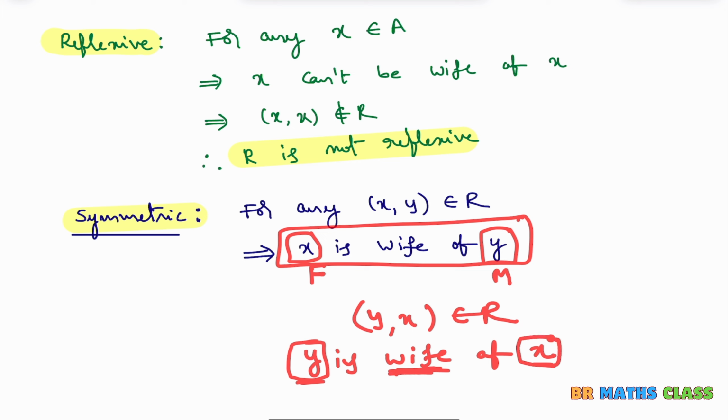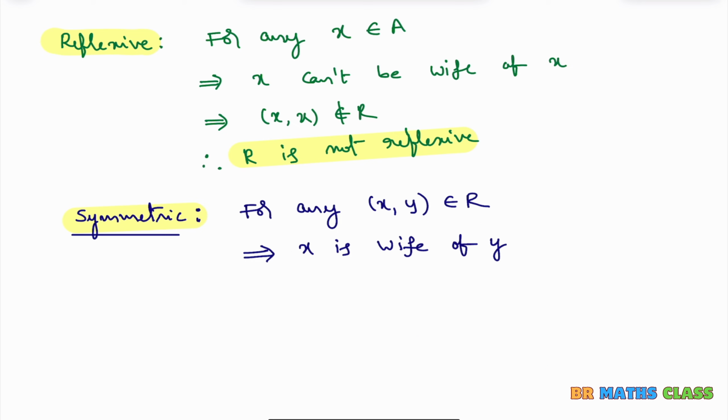I hope you are understanding. I need to look for whether y comma x belongs to the relation or not. But y comma x cannot belong to this relation because as y is a male, y cannot be a wife of x. From this what I can say?